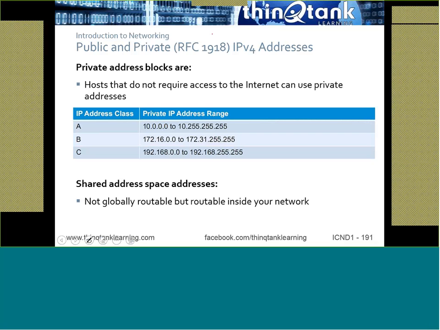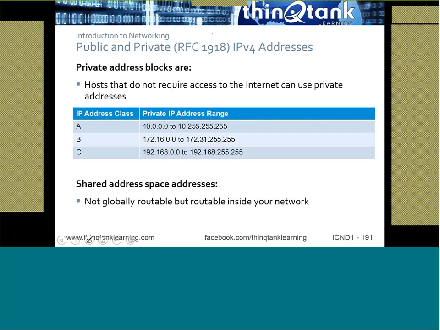What was happening in the world of networking that caused us to even define these ranges? We were running out of address space. So what the IANA did, and the other folks that were defining addressing, is they said, you know what?